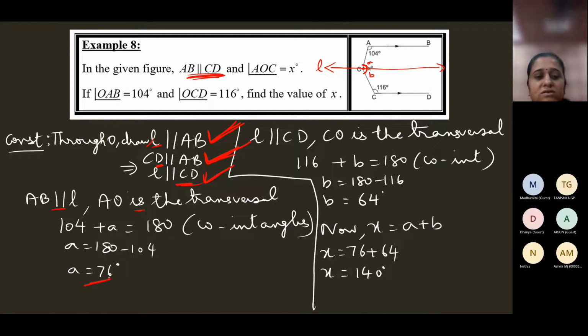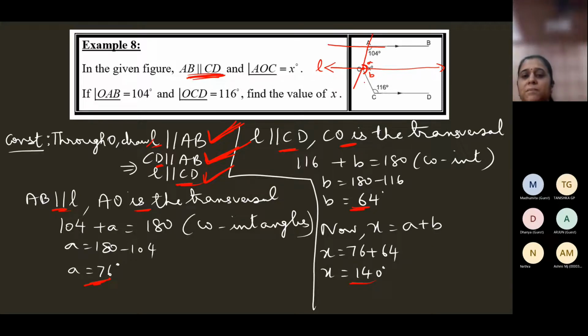So you can find A like this. Mention the parallel lines and the transversal. Find A, co-interior angles are supplementary. Again, mention the other set of parallel lines and the transversal. Co-interior angles are supplementary. Find B. X is equal to A plus B. I told you, if you don't understand, you can produce the lines. So produce a transversal.